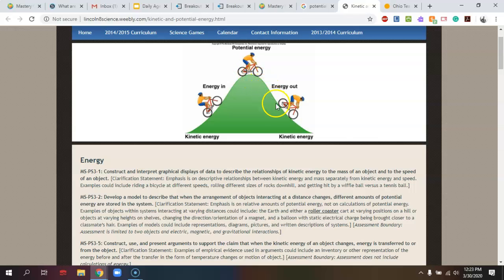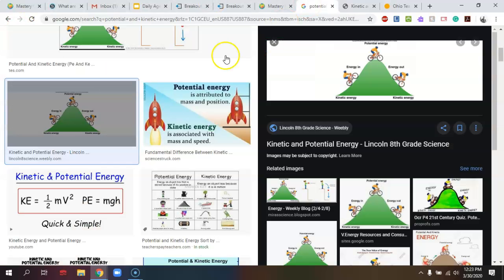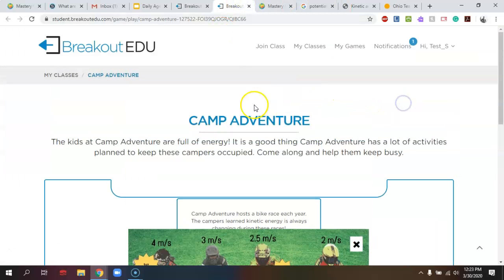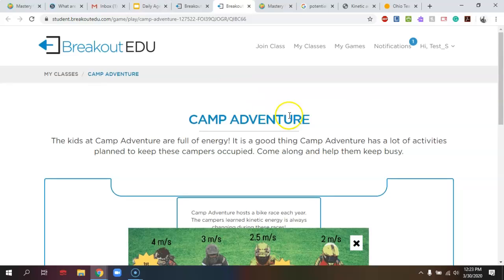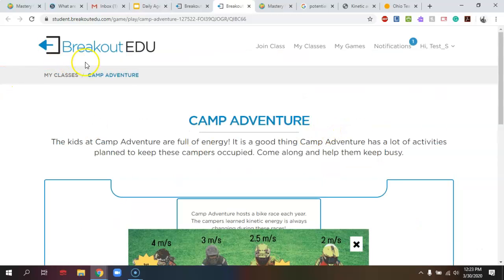Then as I go down, I transfer that potential energy back into kinetic. So they can work together, and sometimes you have a blend of both. Blending those is going to be important later when you solve another part of this breakout.